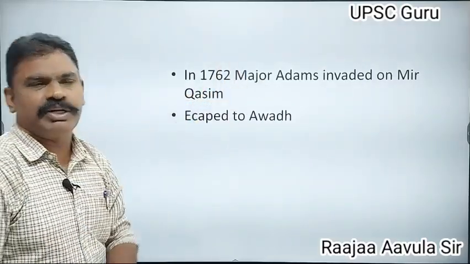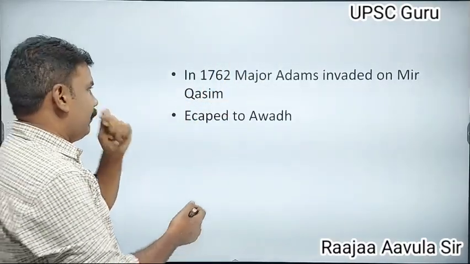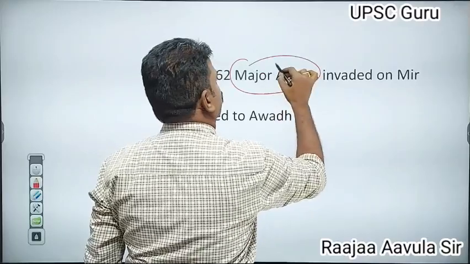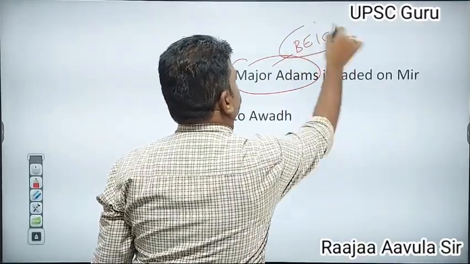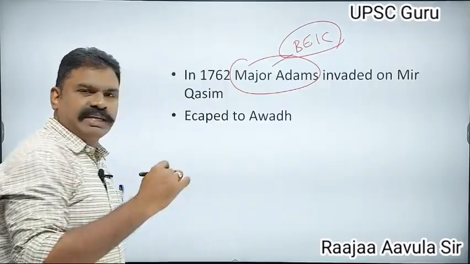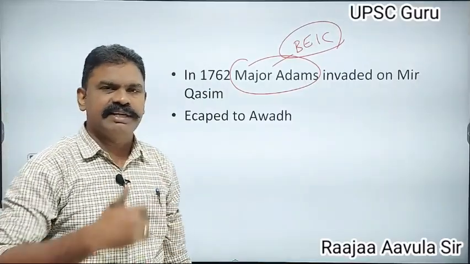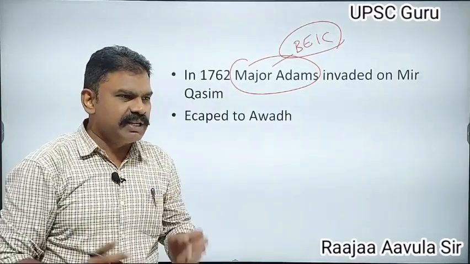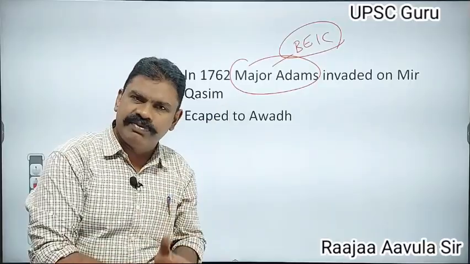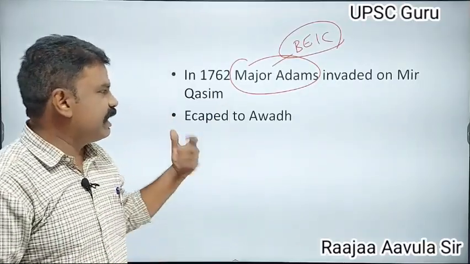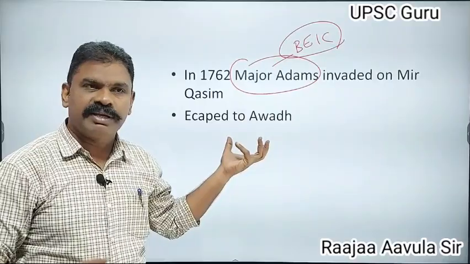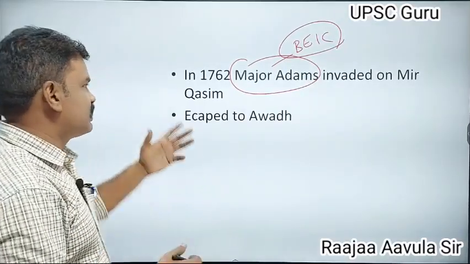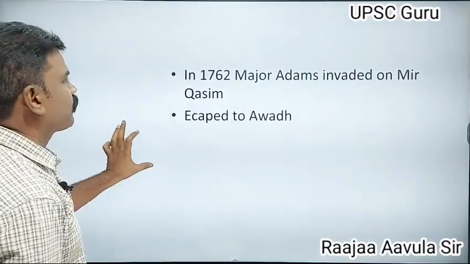In 1762, Major Adams, the Army General of the British East India Company, directly invaded Mir Qasim. Mir Qasim was defeated and escaped to Awadh in 1762.